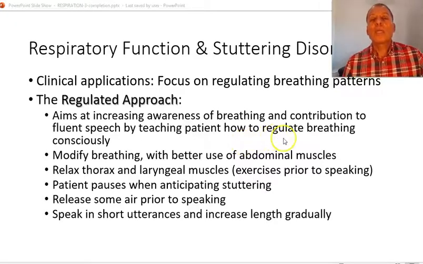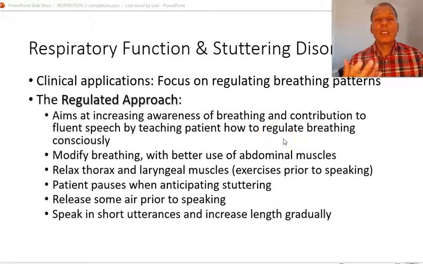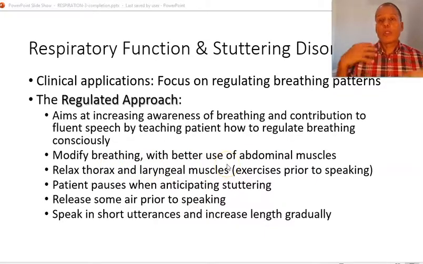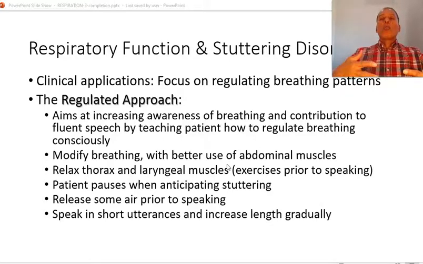And this comes by giving exercises inhaling and exhaling under different conditions, modifying breathing patterns, teaching the person to avoid clavicular breathing and to focus more on abdominal and thoracic breathing.